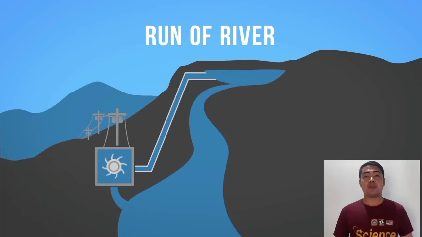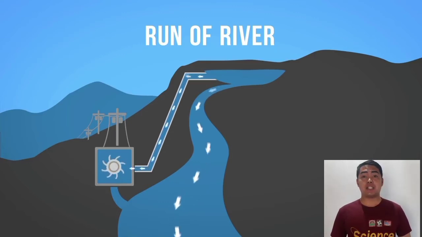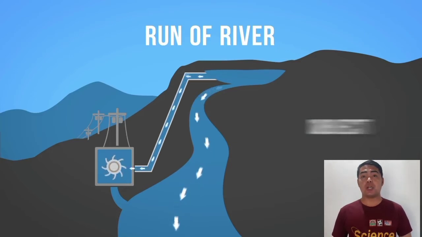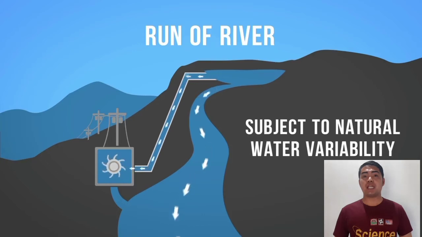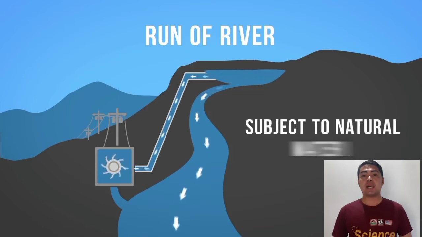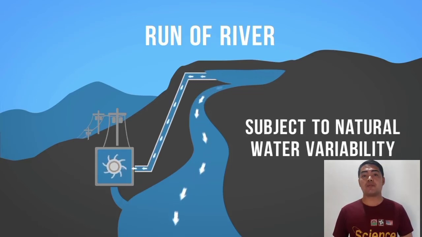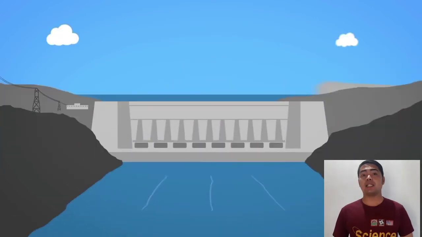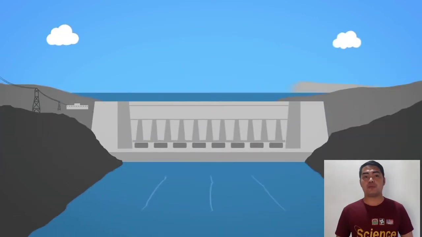The second form of hydropower production is runoff river hydro. Runoff river still uses turbines and generators but relies on the natural water flow rates of rivers, diverting just a portion of the water through turbines. Because runoff river hydro is subject to natural water variability, it is more intermittent than dam hydro.